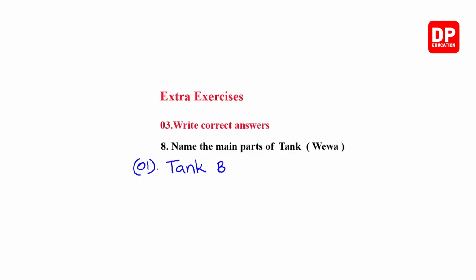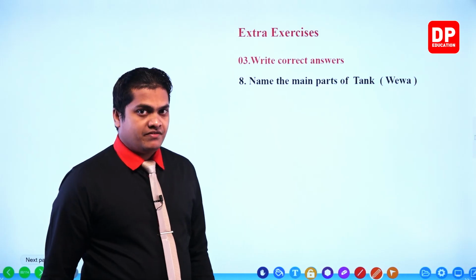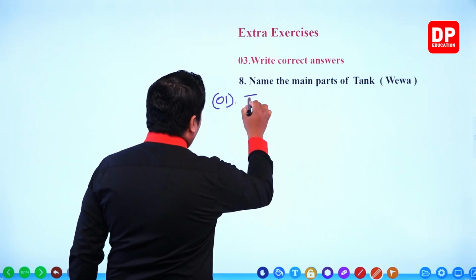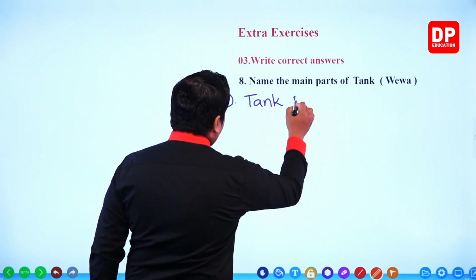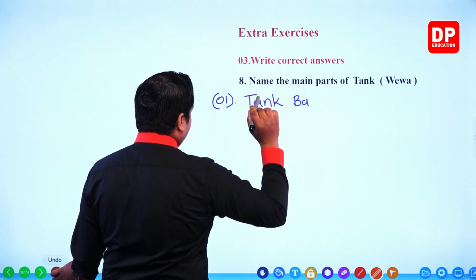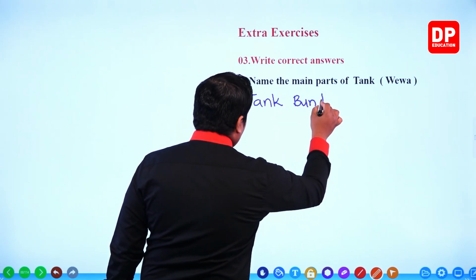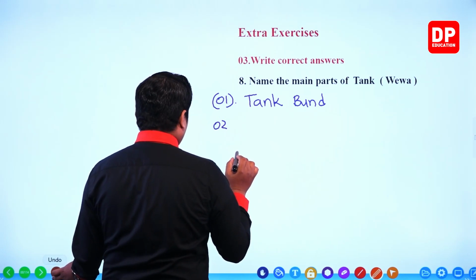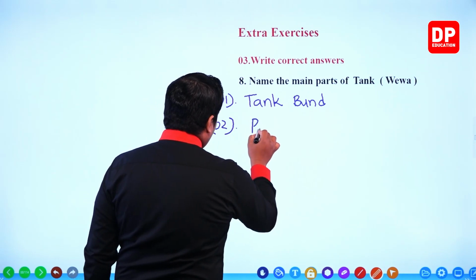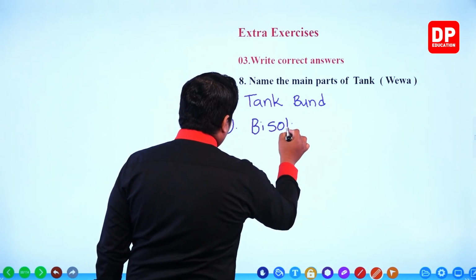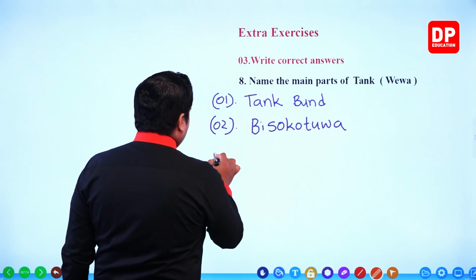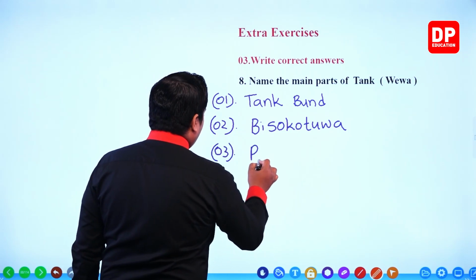Then the next question. Name the main parts of a tank. You have to name the main parts of a tank. That means in a weva. Okay. Number 1, tank bund. Number 2, Bisokotuwa. Number 3, Ralapanawa.